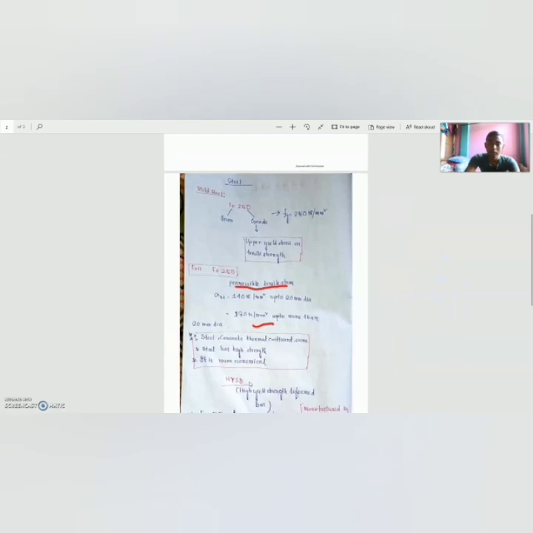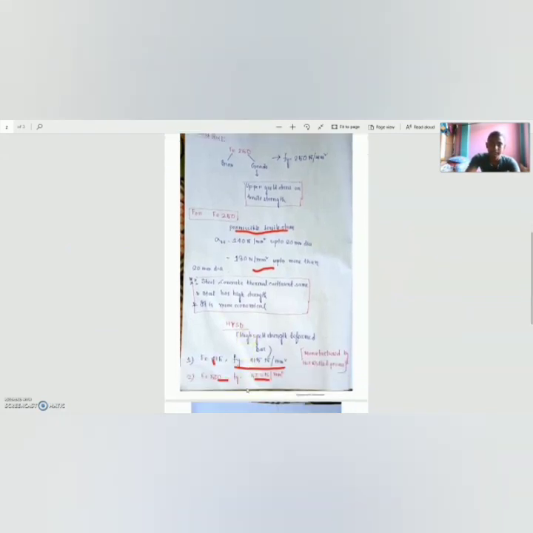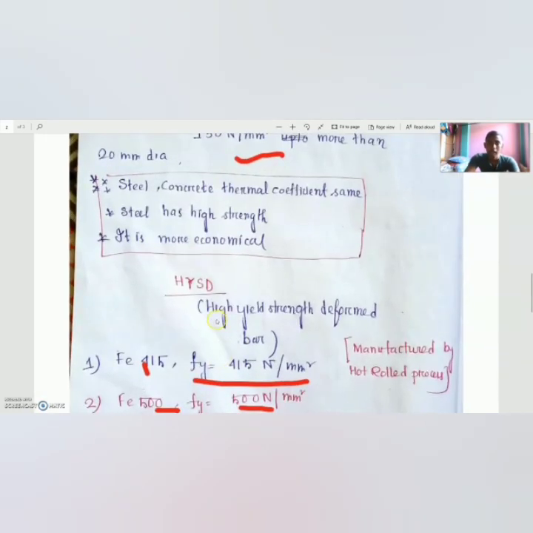Now we learn about HYSD, that means high yield strength deformed bar. It is more important than mild steel, because generally in design we don't use mild steel; we use HYSD, high yield strength deformed bar, that means Fe415 and Fe500.